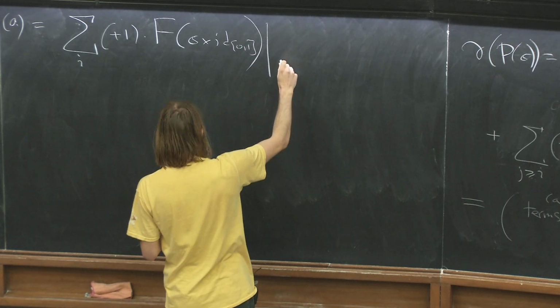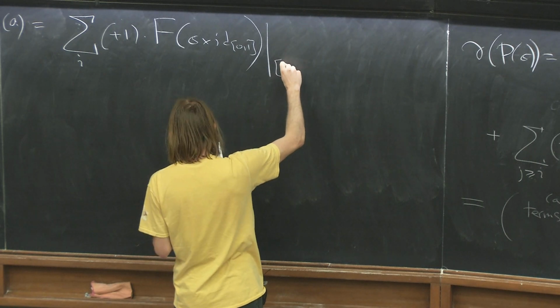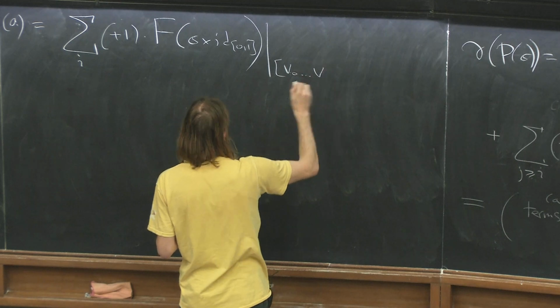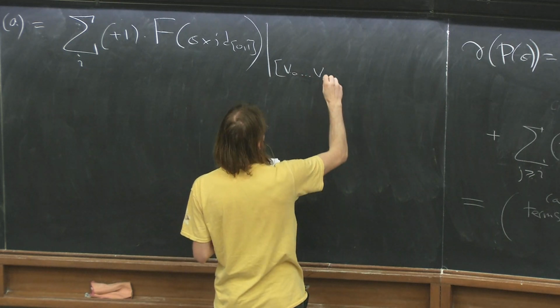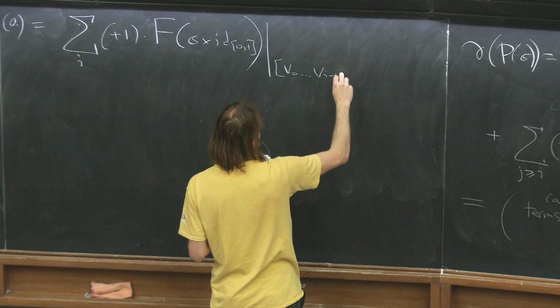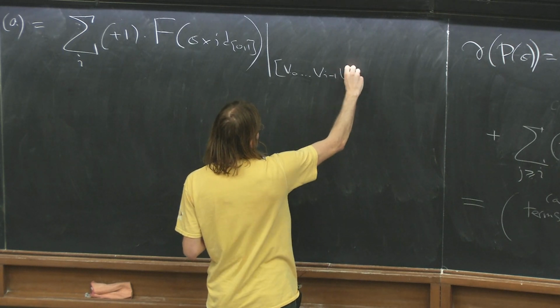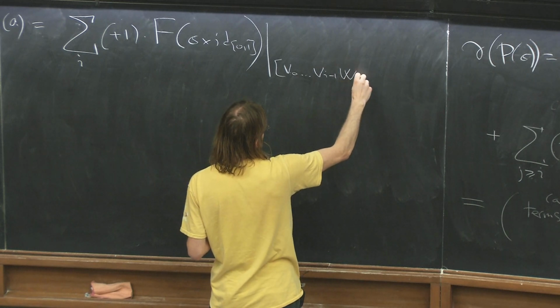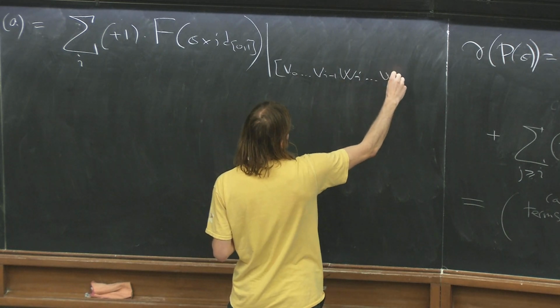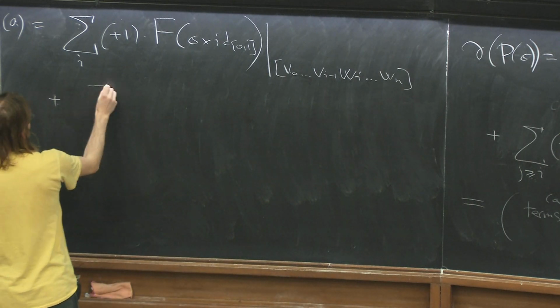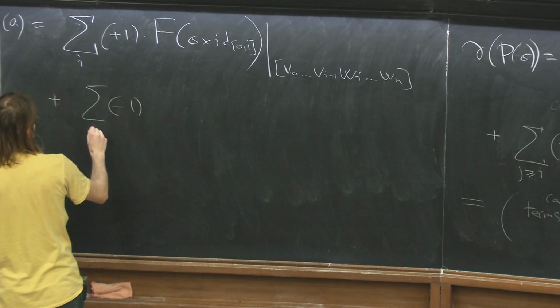times identity of the interval restricted to, so since when we have i equals j, it means we remove vi. After vi, we immediately have wi, and then we have here -1.